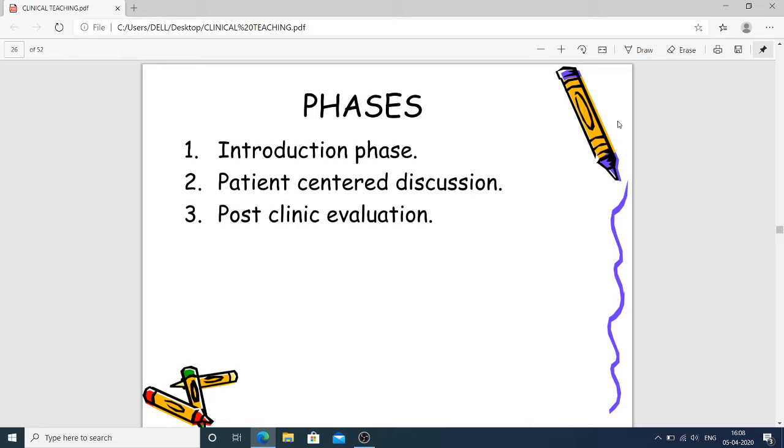In this, the students provide the introduction about the patient and discuss the diagnosis, signs, symptoms, treatment or problems faced by the patients, and after that the teacher evaluates the things.